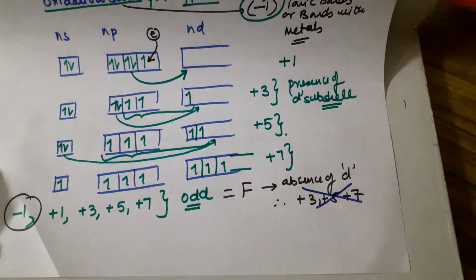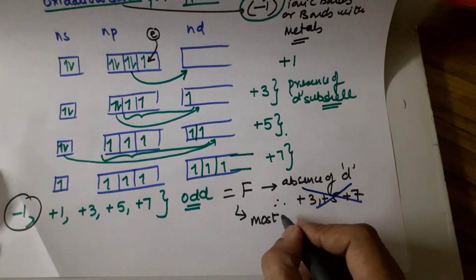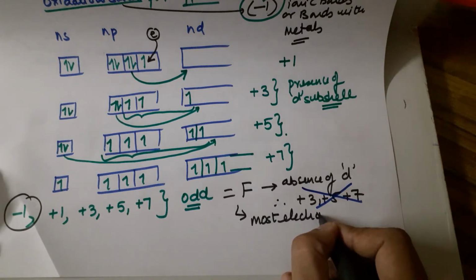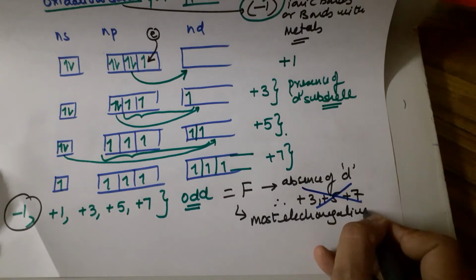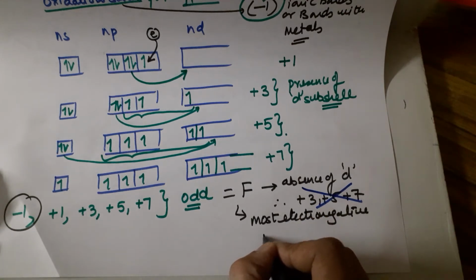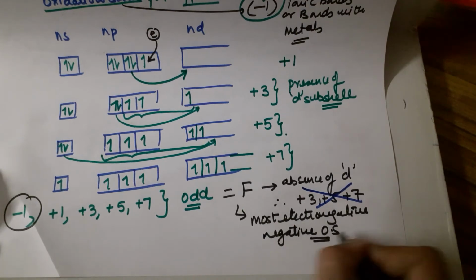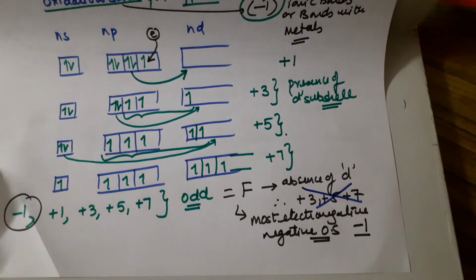Also fluorine is most electronegative, so nobody can take electrons from it, therefore the oxidation state is negative oxidation state of 1. That should be clearly understood.